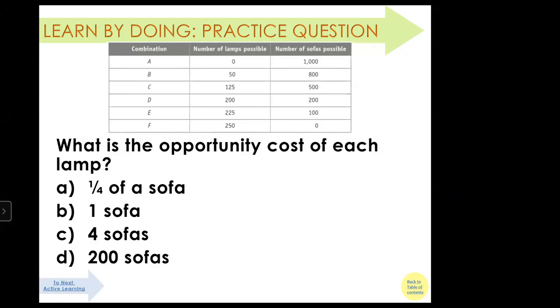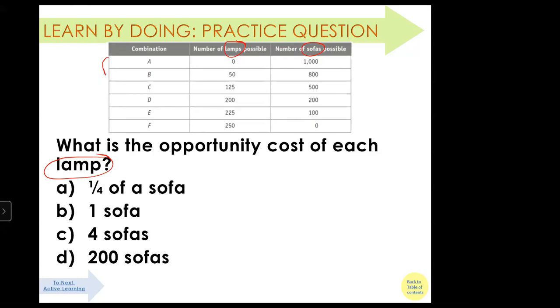This table shows us the possible combinations of lamps and so forth that we can produce, right? So in order to calculate the opportunity cost of lamp, the easiest way we do is move from the top to the bottom.